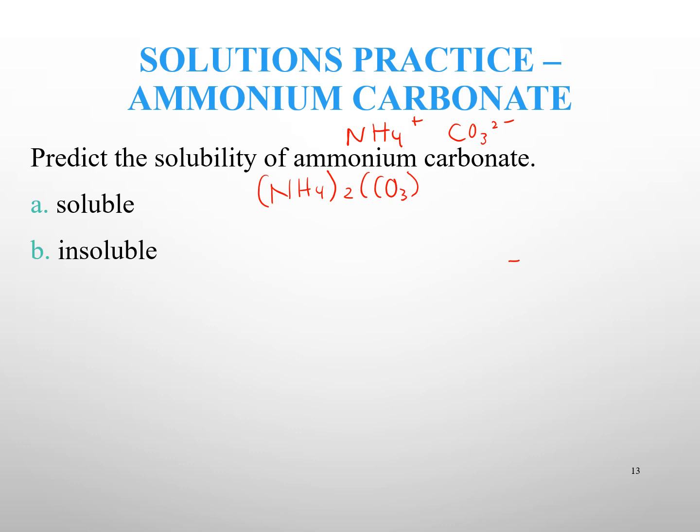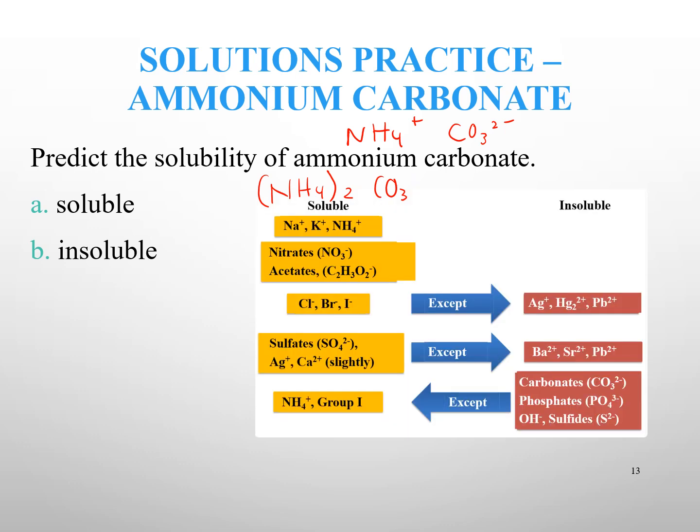And technically we don't need the parentheses around the CO3, so we can erase that. Okay, so let's take a look at our chart. We have ammonium carbonate. Ammonium is always soluble, and carbonate is usually insoluble unless paired with ammonium. Because ammonium is always soluble, anything that's paired with ammonium will always be soluble. So even ammonium carbonate will be soluble, because typically any other kind of carbonate will be insoluble, but since it's paired with ammonium, it will be soluble.